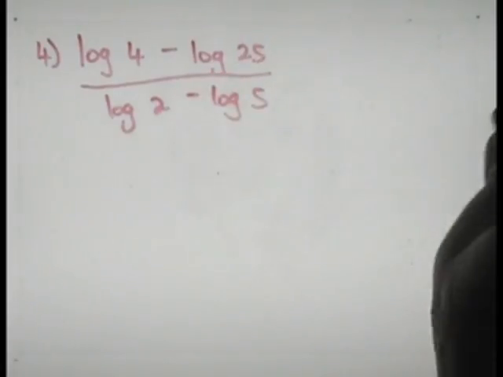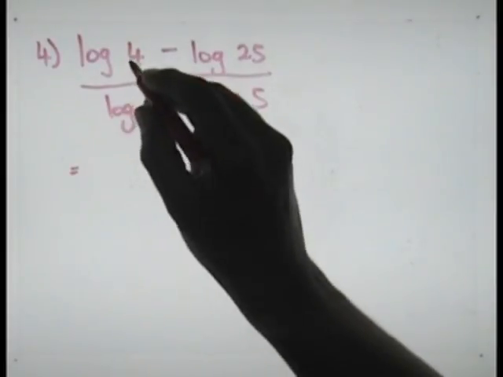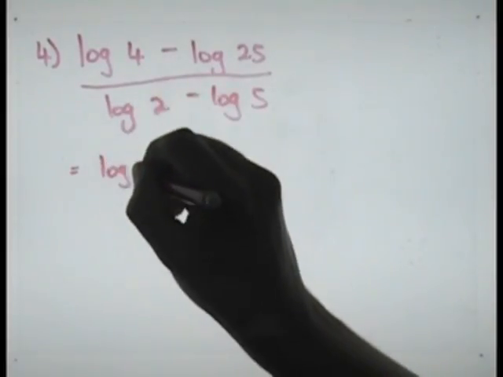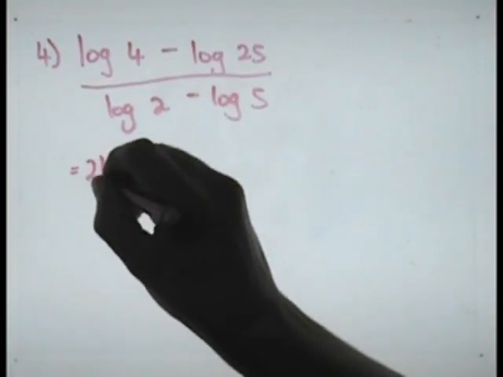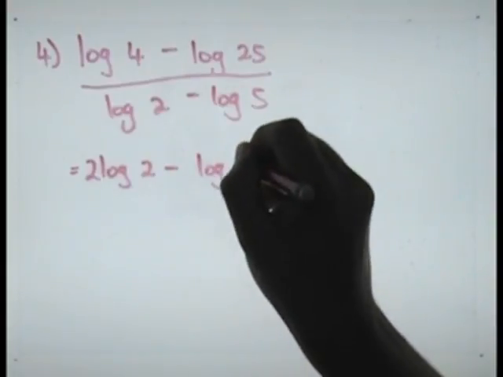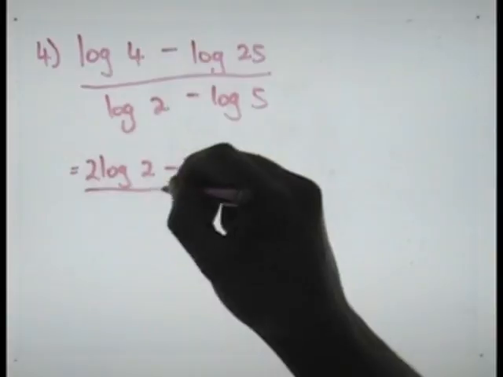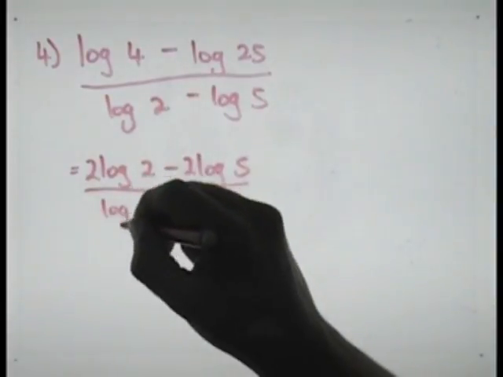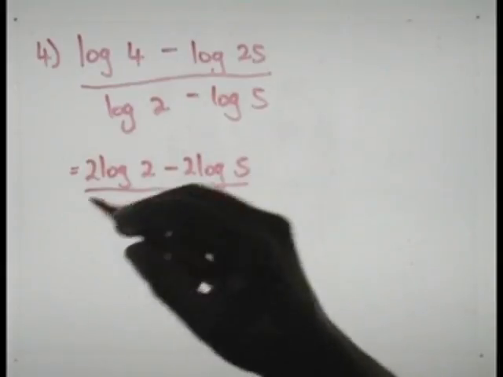Let us look at the top. Let's turn that log 4 into log base 2, log 2 to the power 2, which is 2 log 2, minus log 5 to the power 2, so minus 2 log 5, divided by log 2 minus log 5.